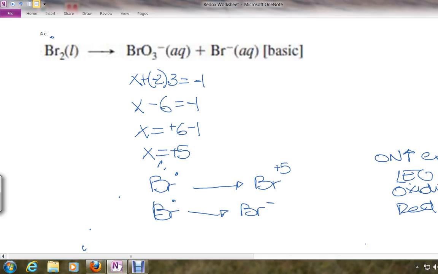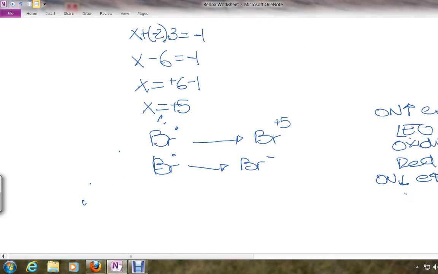So the other bromine, the oxidation number goes down from 0 to -1, so it's gaining electrons. So it's GER, it's reduced, and it's the oxidizing agent.